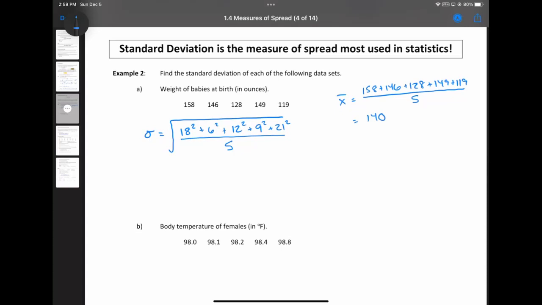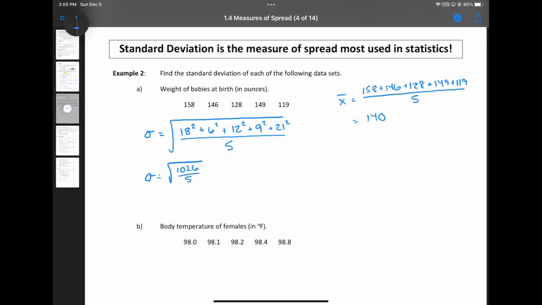Okay, and now just to save us a little bit of writing, I'm going to actually do this math in my calculator, at least the stuff inside the square root. So that's 18 squared plus 6 squared plus 12 squared plus 9 squared plus 21 squared. And actually, I will do one more step here. It's the square root of 1026 divided by 5.